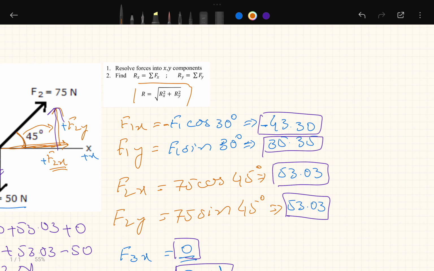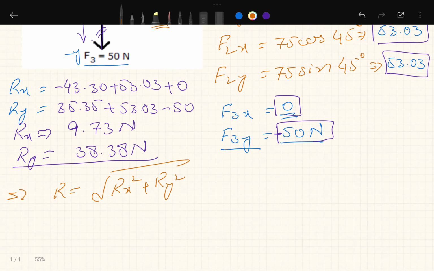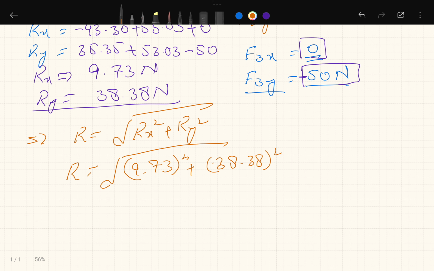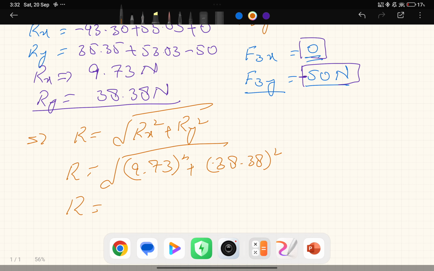It's right here. So R is equal to the square root of 9.73 squared plus 38.38 squared.